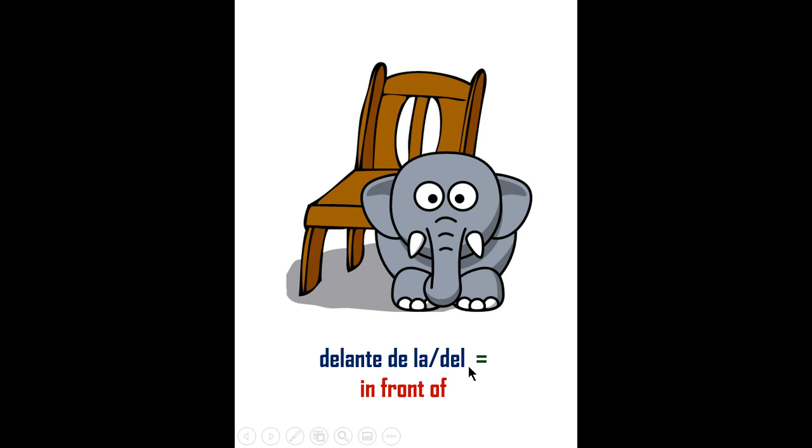If the object is in front of and the noun that follows is masculine and singular, I have to use the contraction del. So I would use delante, which means in front, and then of the, del pupitre. El elefante está delante del pupitre. It's in front of the student desk, pupitre.